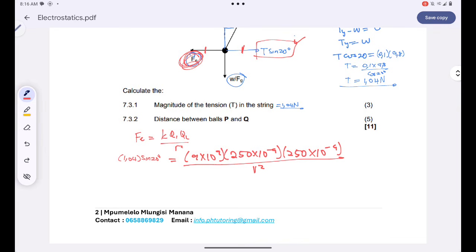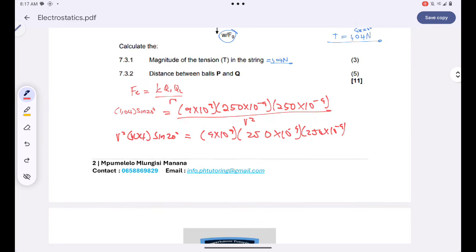Obviously, I can cross multiply such that R squared is equal to 1.04 times sine 20 degrees is equal to 9 times 10 to the power 9, and then 250 times 10 to the negative 9, 250 times 10 to the negative 9.